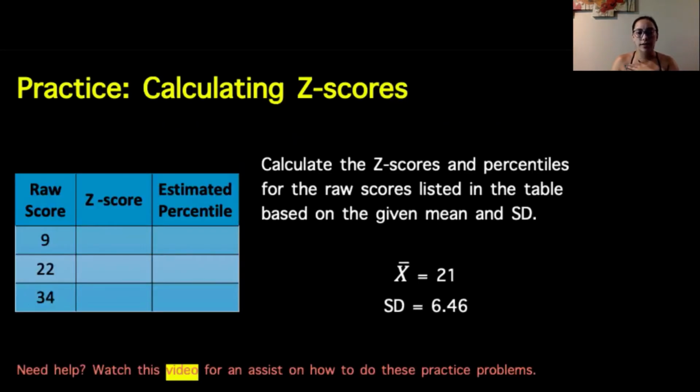I wanted to give you guys practice in the lecture. Okay, so if you need any help calculating or performing this activity here, I have linked a help video in your PowerPoint to YouTube, so you can watch that, and I walk you through all of the steps on how to calculate this. But basically, you're just going to be using the z-score formula on these 3 raw scores, and then you'll use your z-table to estimate percentiles at those given raw scores.